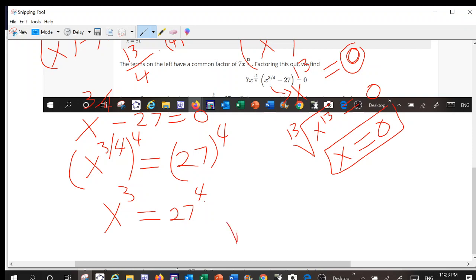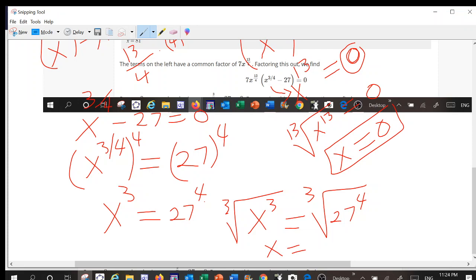The 3rd root of x to the 3rd equals the 3rd root of 27 to the 4th power. So x is going to be, now later we're going to see how to find the complex solutions, but for now, what we want to know is what is the 3rd root of 27 to the 4th?